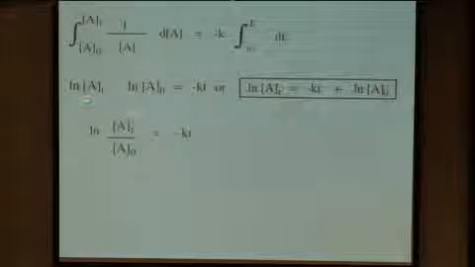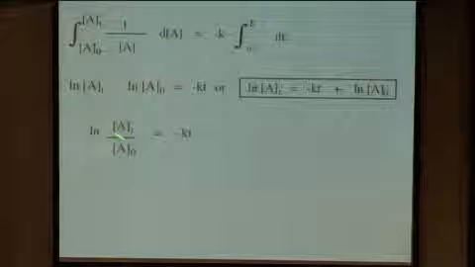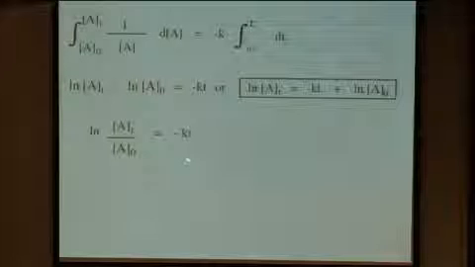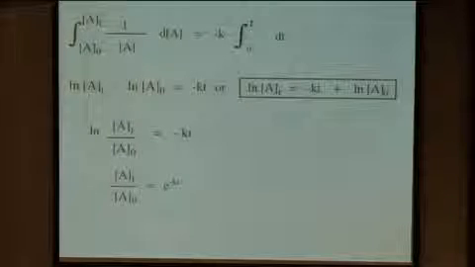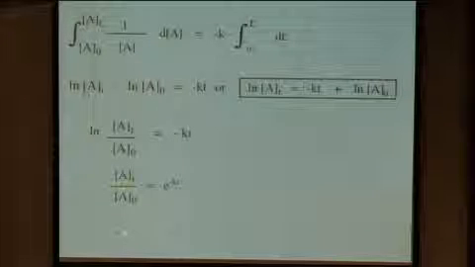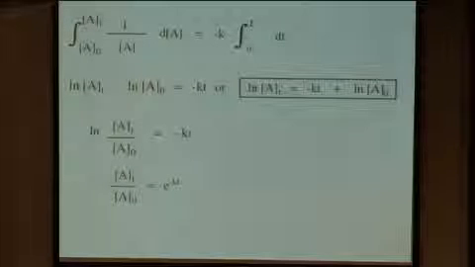So the natural log of the concentration of A at time t over your original concentration of A equals minus kt. And now you can take the inverse natural log of both sides, so the concentration at time t over your initial concentration equals e to the minus kt.